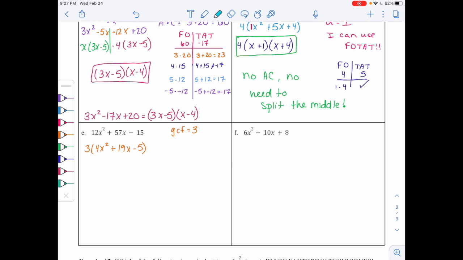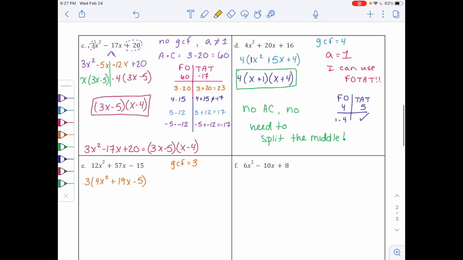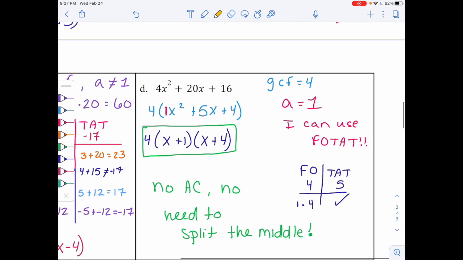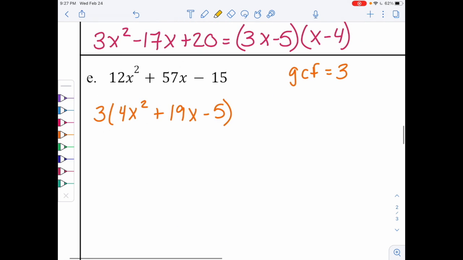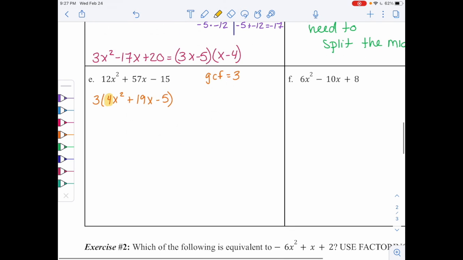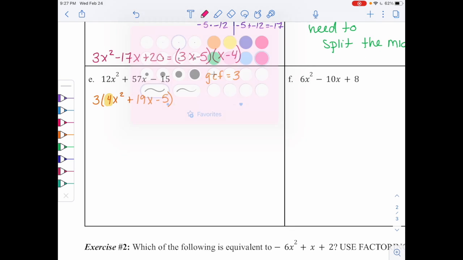Now my numbers are much smaller, but here's the thing. Before, in problem D, when I took out the GCF, I could just use FOTAT. This time, I can't because my A is still not 1. Now my A is 4. So we're going to do A times C. We're going to do 4 times -5.